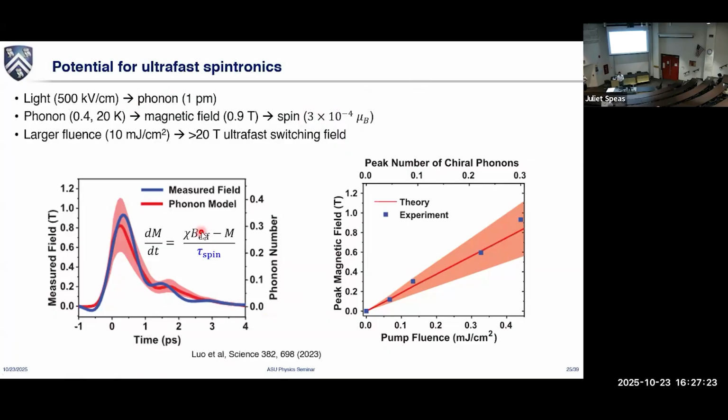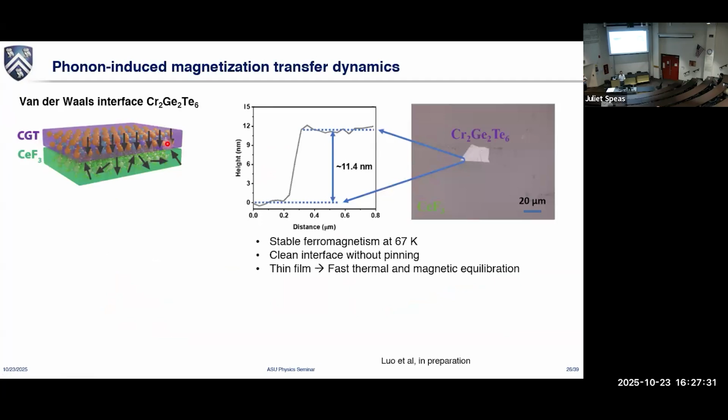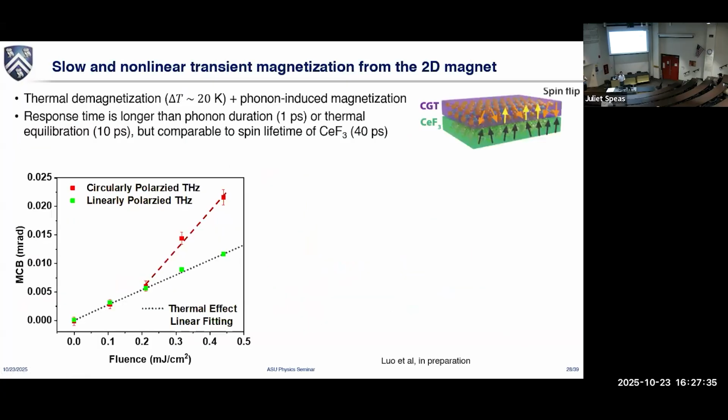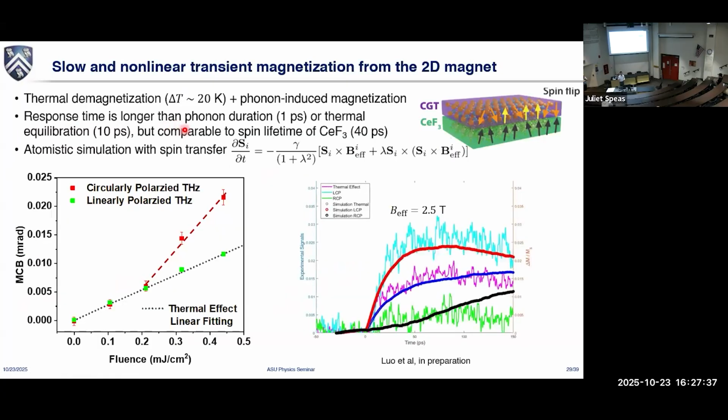But what's surprising is that once we put this little amount of spin into the 2D ferromagnet, the effective change of magnetization is actually on the order of 10 to the minus 2. So 1% of spin.